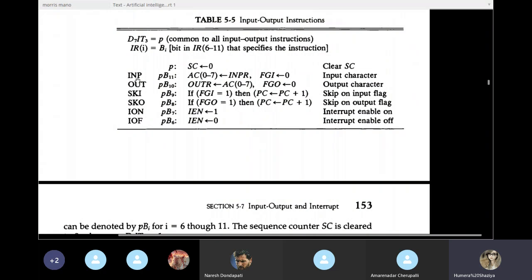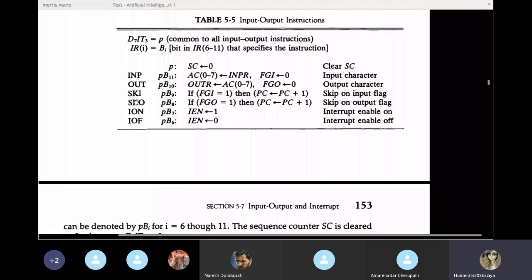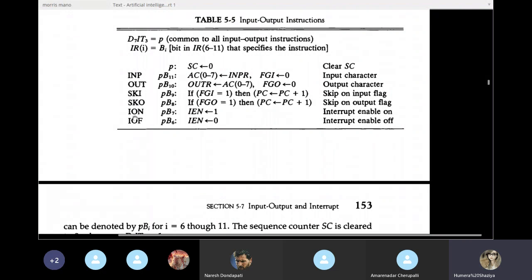INP means input character, OUT means output character, SKI means skip on input flag, SKO means skip on output flag, ION means interrupt enable on, and IOF means interrupt enable off. So we have understood the input output configuration.